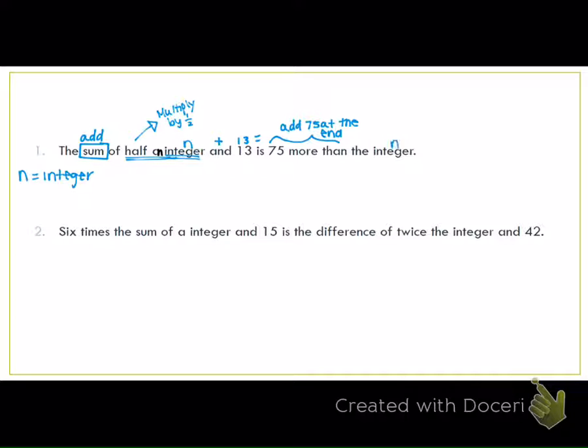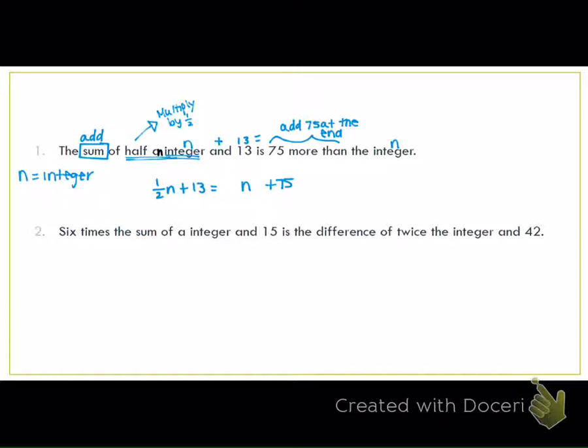And then we said the integer is n. So now, it's just like with those of you that are in a foreign language right now, whether it be French, German, or Spanish. This is like translating English into math, the math language, okay? That's why it can be difficult for kids, because it's like you're learning a new language. So we add half of an integer plus 13 is equal to 75 more than the integer, right?